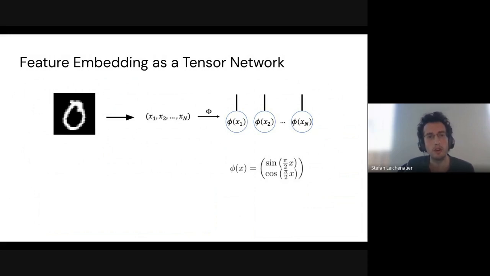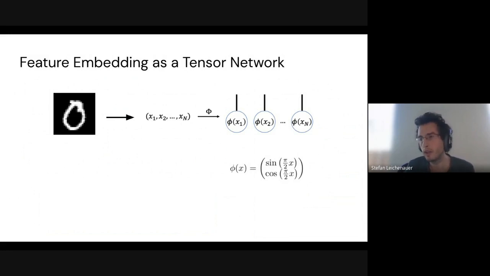For example, if P was equal to 2, so the local feature space was 2-dimensional, you could look at the sine and the cosine of the grayscale value in order to construct a local vector with unit norm, and then put those together to get something on the hypersphere in the P equals 2 to the n dimensional embedding space. This is just one possibility.